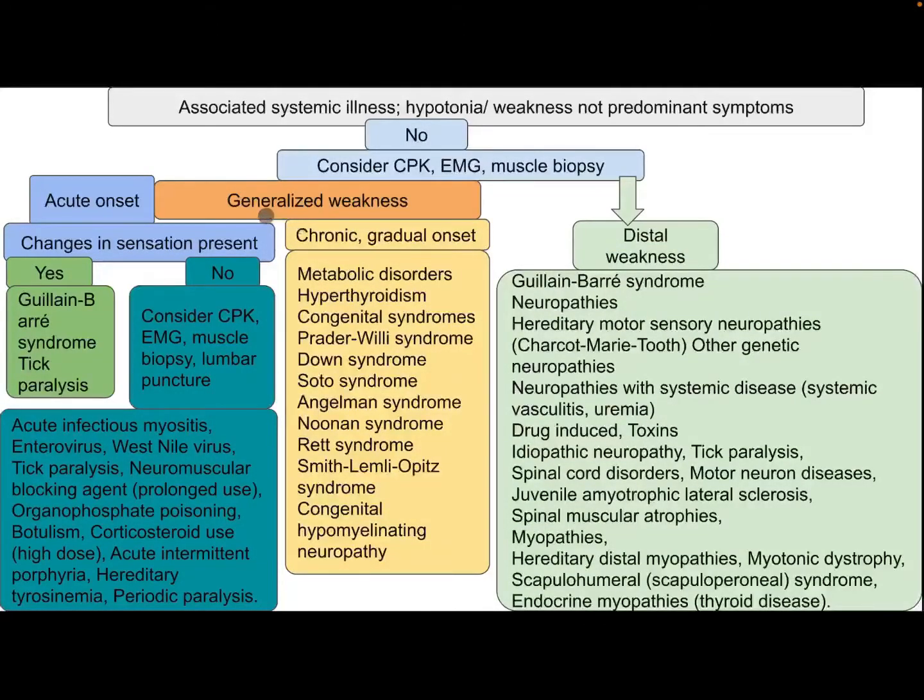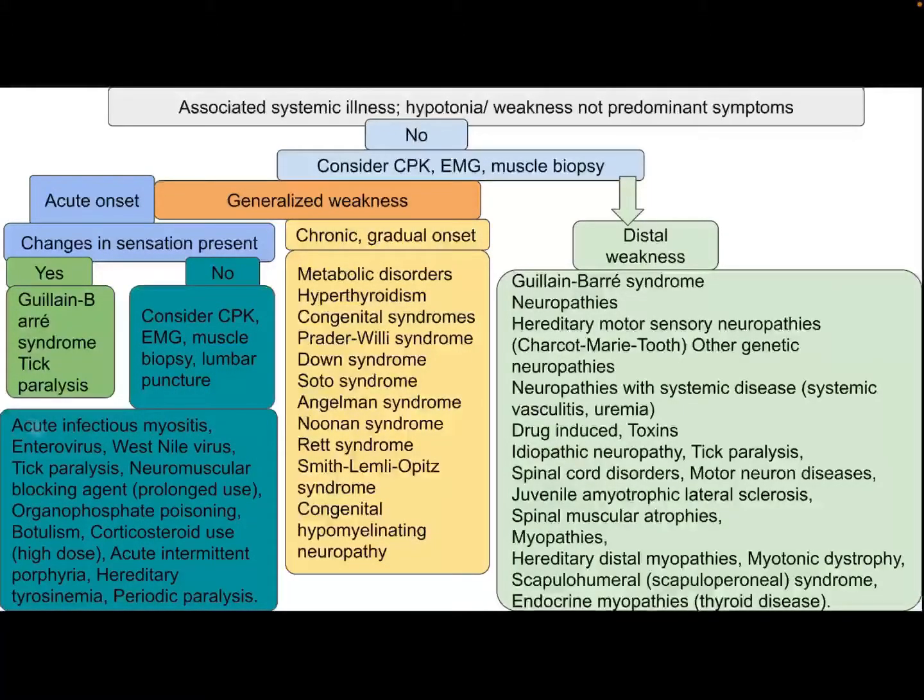Is the weakness generalized? If yes, is it acute onset or chronic? If it is acute onset, is there a change in sensation present? If yes, this is either Guillain-Barré syndrome or tick paralysis. If there are no sensory changes, consider creatine phosphokinase, EMG, muscle biopsy, lumbar puncture.